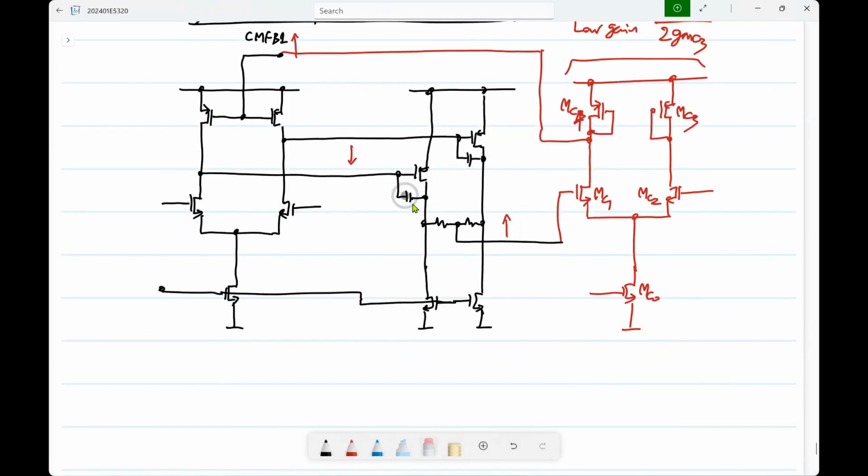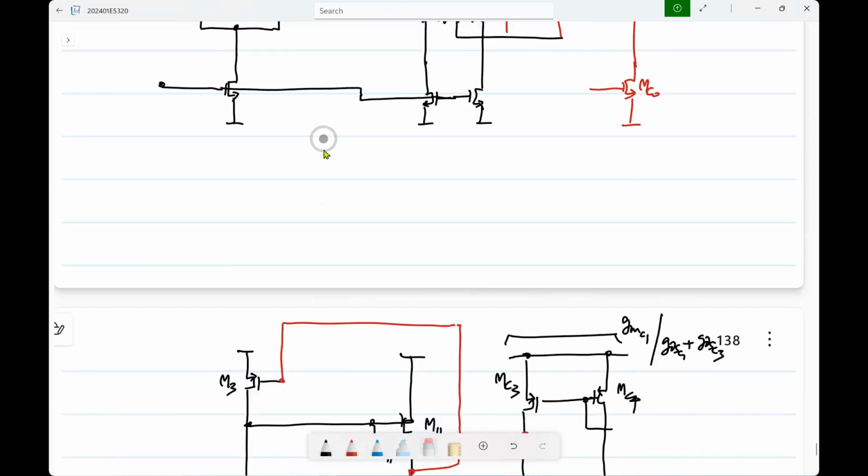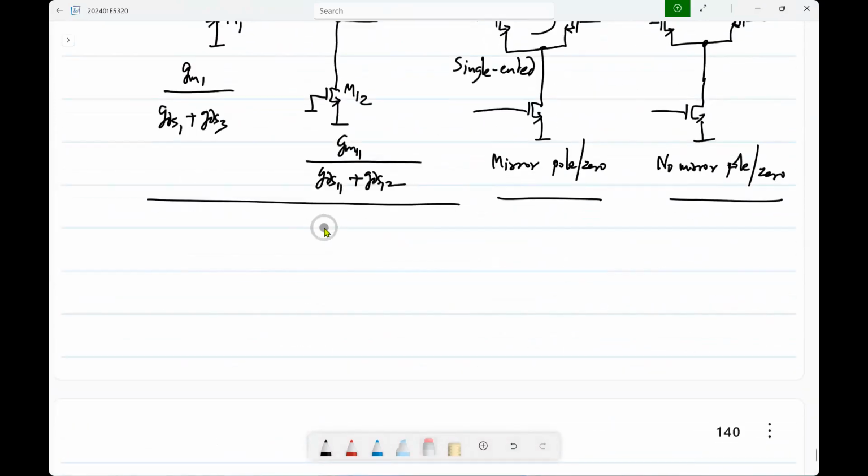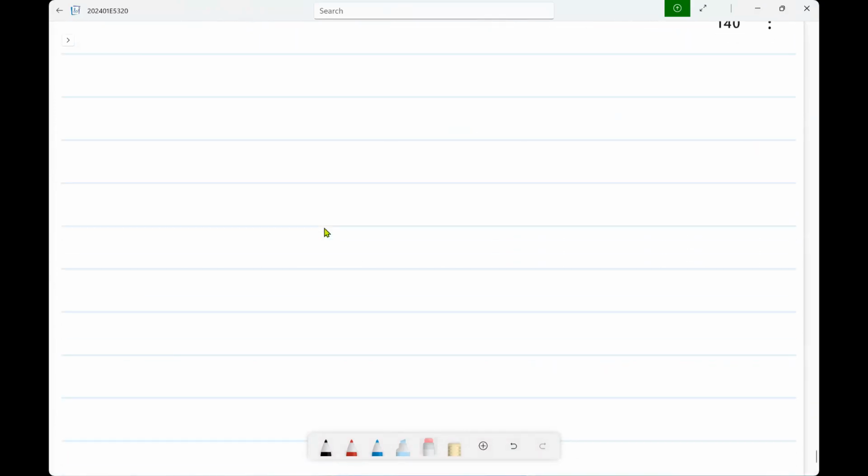So 2 I naught by Cc will be the slew rate limit that you can figure out. But it could also be limited by the second stage. But in both directions, it will be the same. So the rest of the calculations are routine. The small signal and large signal analysis that you know will work. Okay.